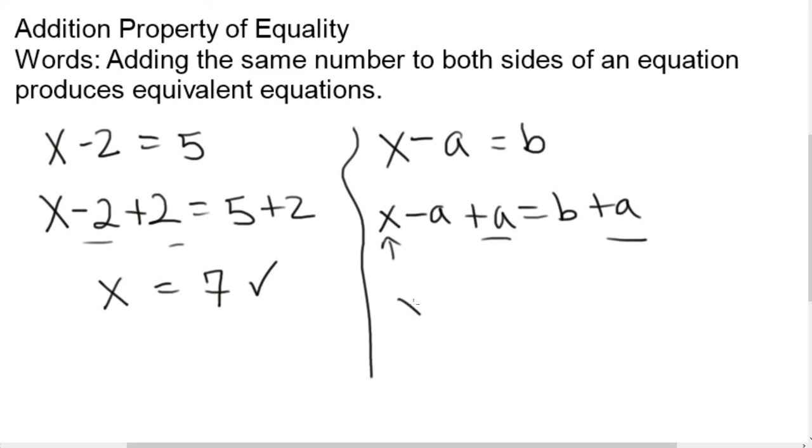So x equals, minus a plus a goes away, x equals b plus a. And as we can see, just as in the subtraction property of equality, the addition property of equality is easy when we're using basic numbers, but not so easy when we're using variables. So we have to know this property, especially when it comes to variables.